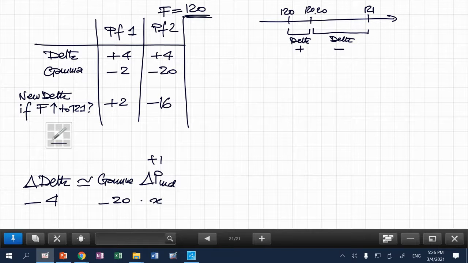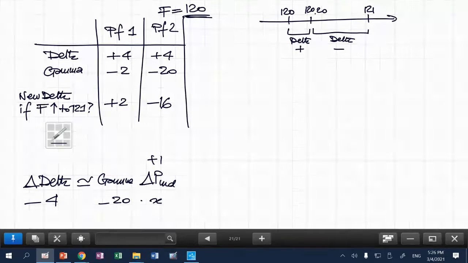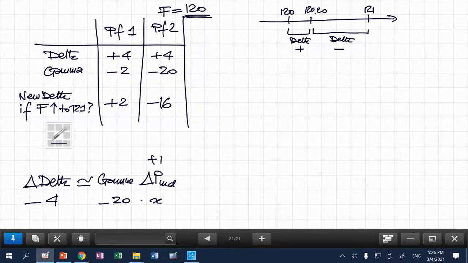If you have a delta of plus 44, making a delta hedge means that you have to sell 44 contracts. Fine. Where is the small problem? In order to be able to sell 44 contracts, one thing is needed in nature, which is somebody who buys 44 contracts. Because otherwise you are somebody desiring to sell, not selling. In order to sell, you must find somebody who buys 44 contracts.